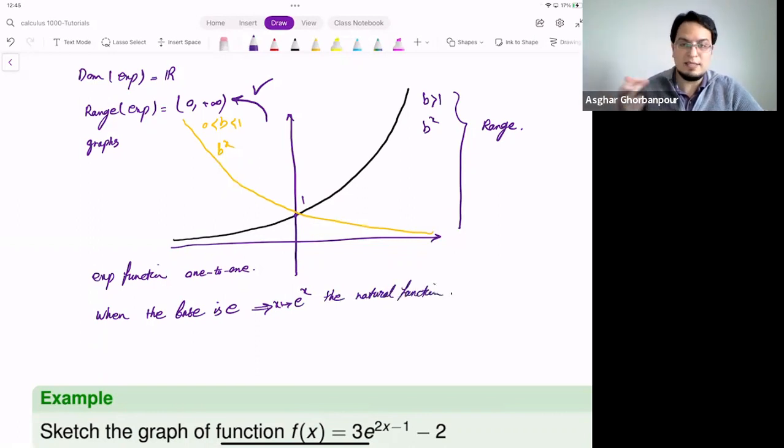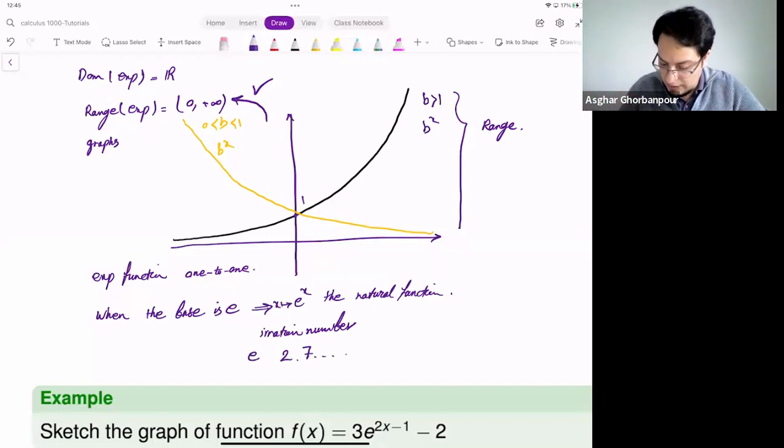There are very nice things about this e, but here what I need you to know is that e is a real irrational number. It means that when you write its digits, it will never stop. It will continue. But numerically, what I want you to know is that e is about 2.7.